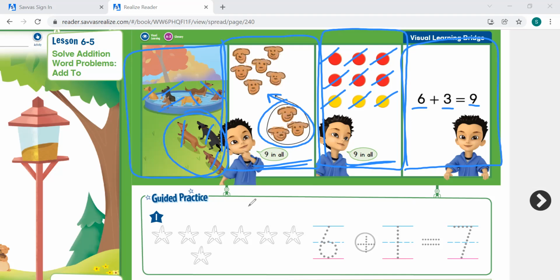What does this 9 mean? The number of dogs in all. 6 plus 3 equals 9. That is our equation. All right, let's look down here to number 1 in our guided practice.